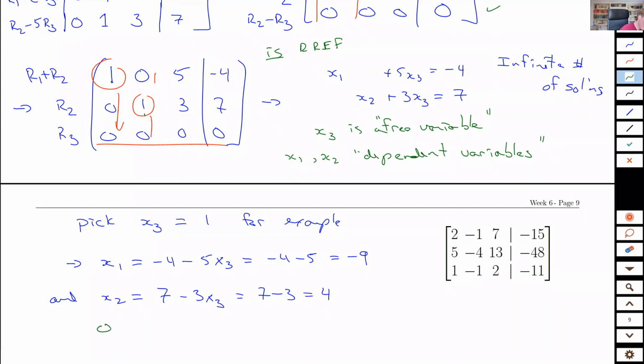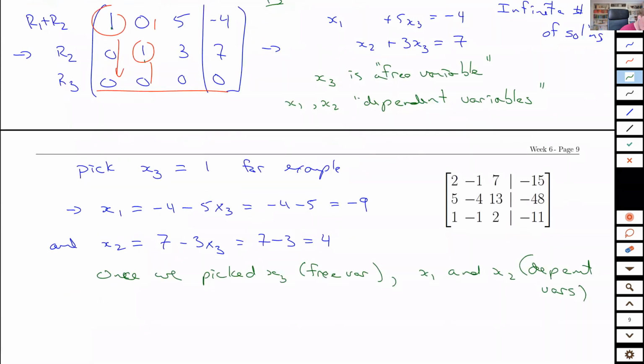The key thing being once we pick x3, the free variable, x1 and x2, the dependent variables, were fixed.